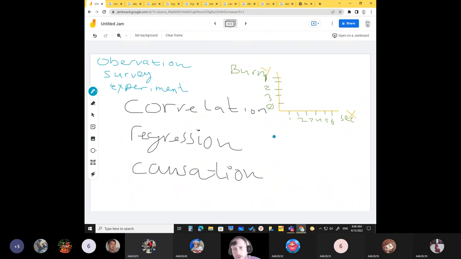Okay, so again, when we deal with statistics, one case is nothing. We need many results. So okay, we did many experiments, and when people held their hand over the fire for 1 second, mostly nothing happened, right?